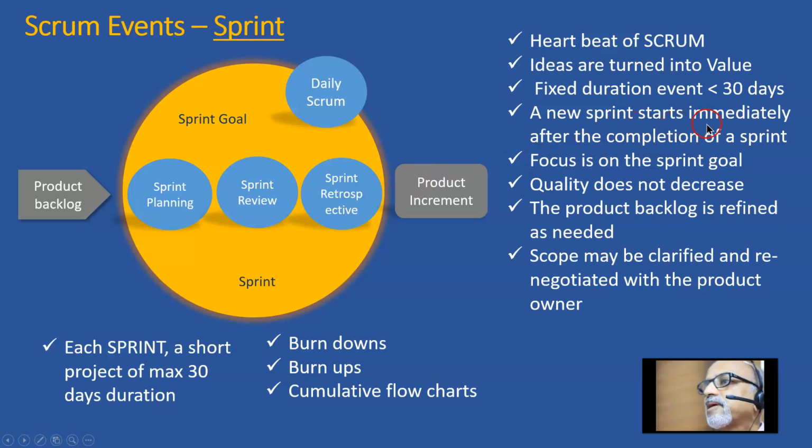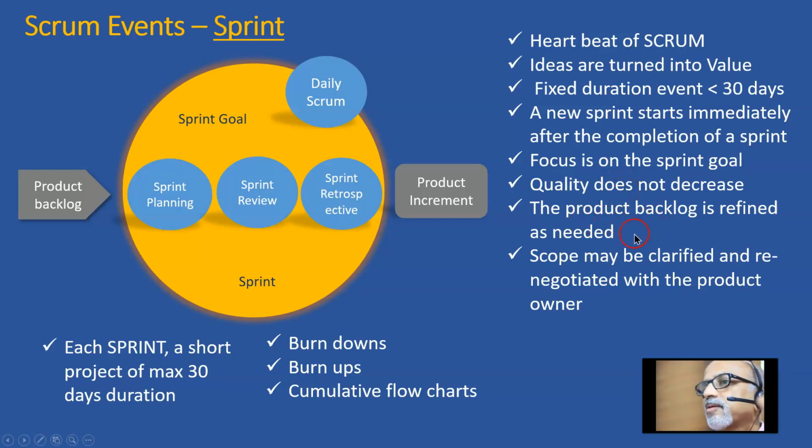A new sprint starts immediately after the completion of a sprint. As soon as one sprint gets over, the next sprint starts. Focus is on the sprint goal, so every sprint can have a sprint goal. And the quality does not decrease. In every sprint, we have to ensure that the definition of done is accomplished, and the refinement of the definition of done also happens sprint after sprint.